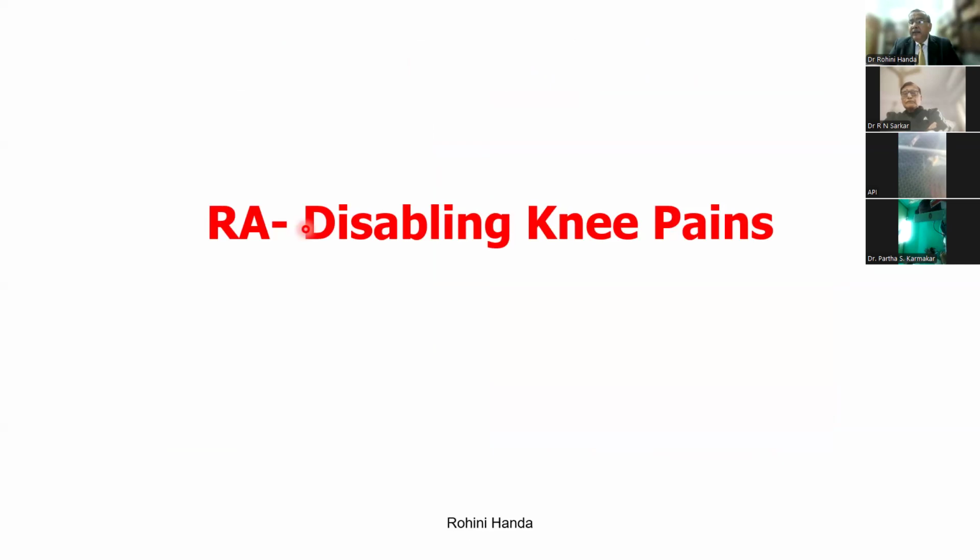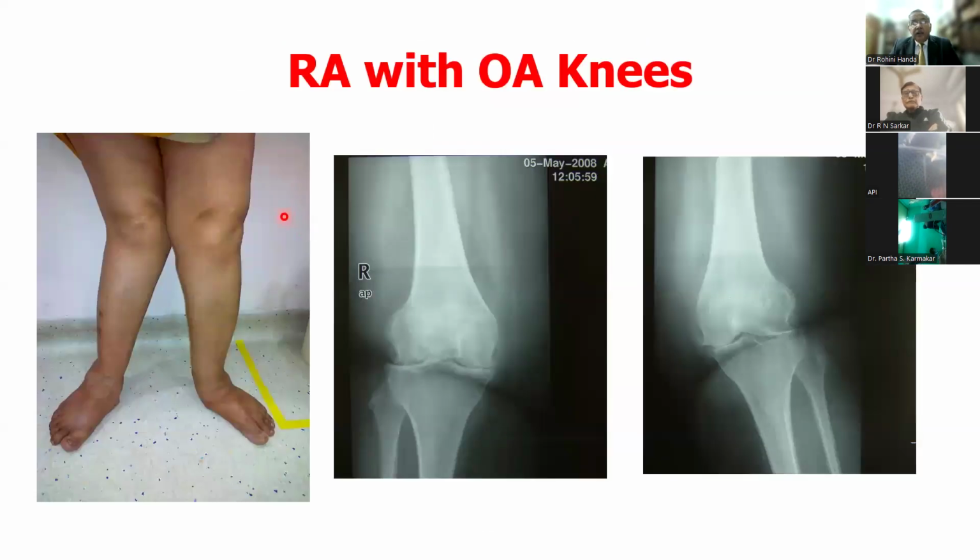Disabling knee pain. And this is not uncommon. And as you can see, this is a valgus deformity. And how do you look at the X-ray and decide that this is not age-related osteoarthritis and this is secondary osteoarthritis? Subchondral sclerosis, so very prominent in age-related osteoarthritis, is missing.